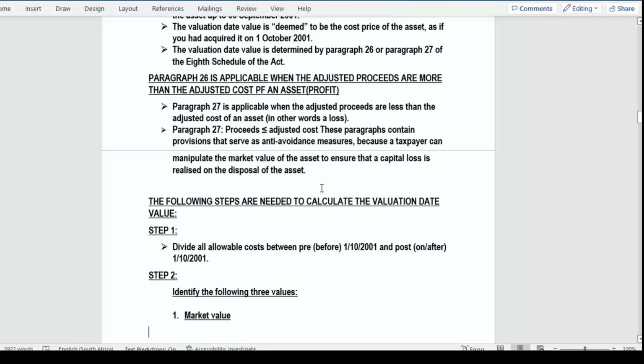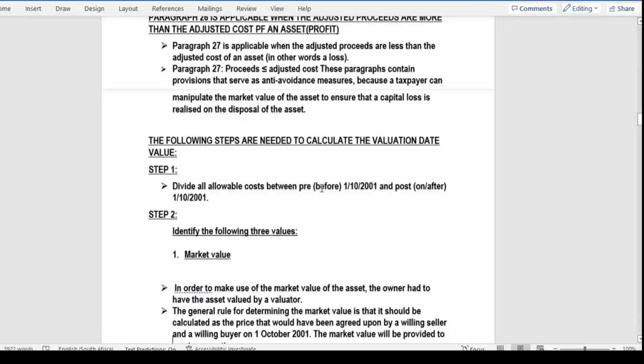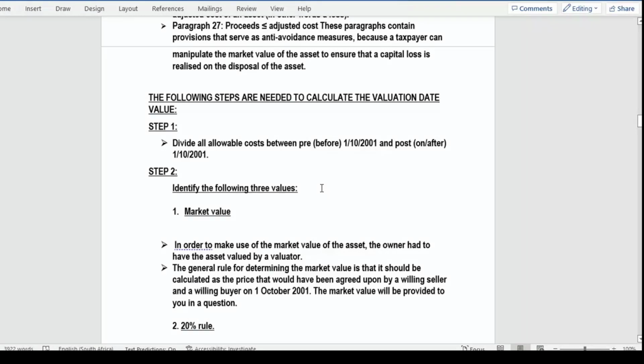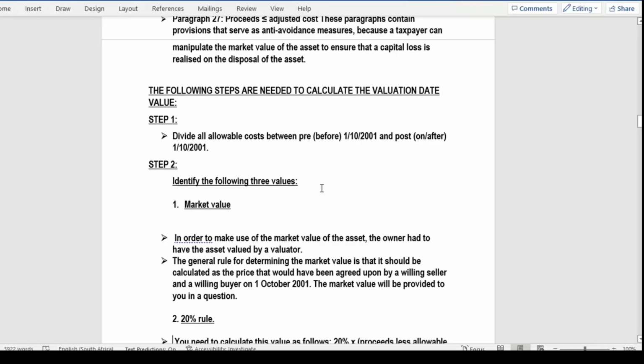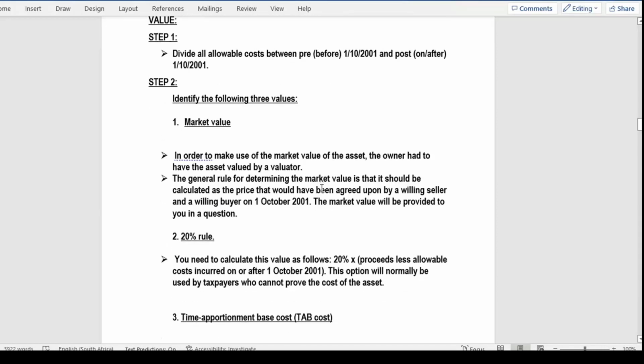Okay, and the following steps are needed to calculate the valuation date value. Step 1, divide all the allowable costs between pre the 1st of October 2001 and post the 1st of October 2001. Step 2, identify the following three values. The market value: in order to make use of the market value of an asset, the owner had to have the asset valued by a valuator.